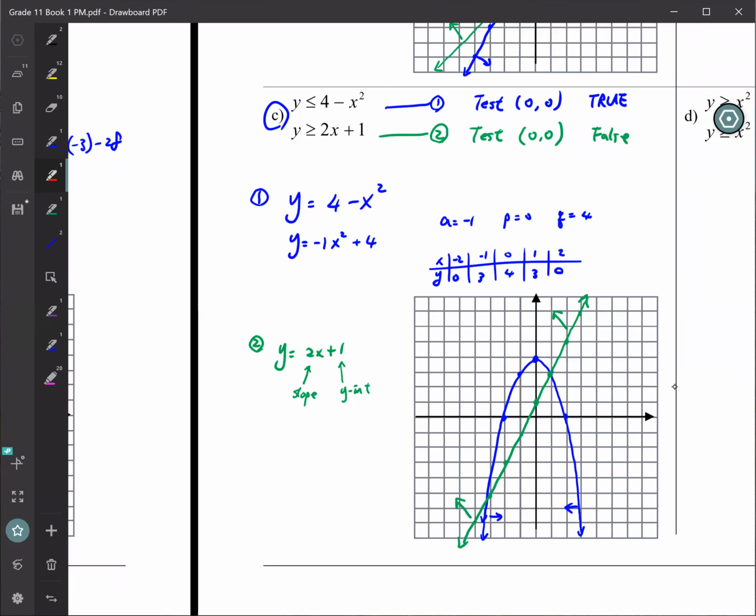Think about the green, and then the blue. Where is the part that got shaded twice, that has the green and also has the blue? That's where you want to shade as your final answer. Please raise your hand if you're done.